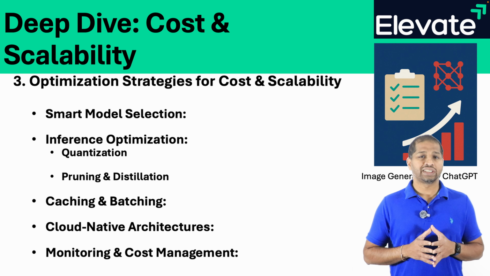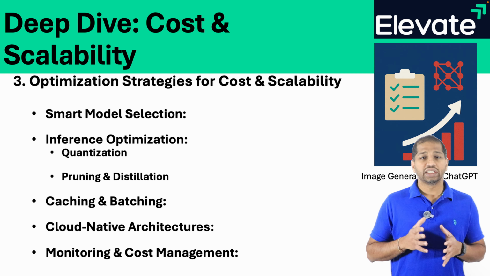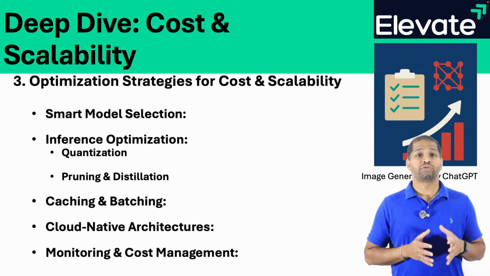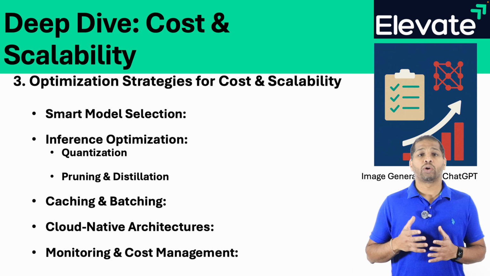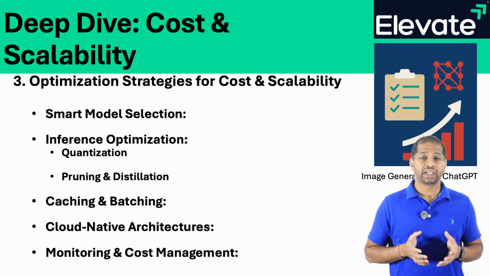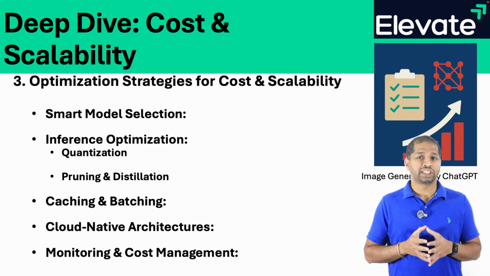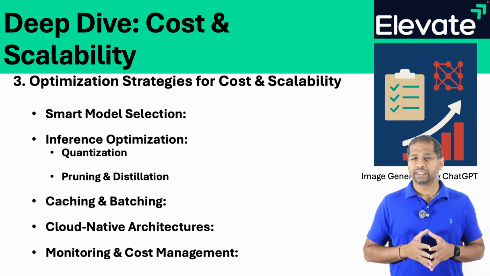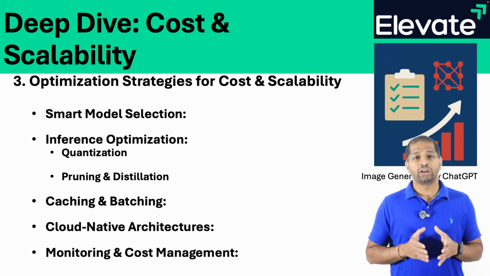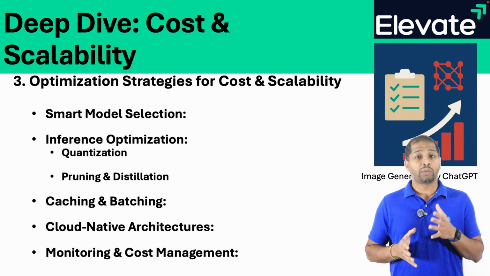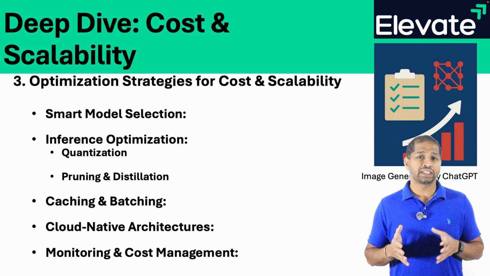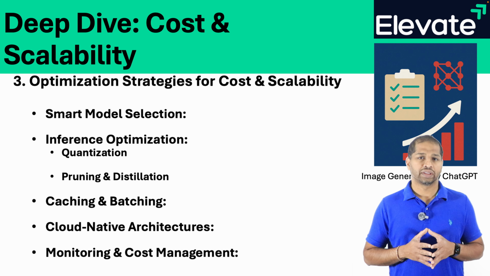First, smart model selection is paramount. As we discussed, smaller, specialized models, perhaps fine-tuned open source options, can often be more cost-effective and efficient than massive generalists for niche tasks. Consider using a tiered approach, a smaller, faster model for simple queries and only escalate to a larger, more expensive model for complex, nuanced requests.